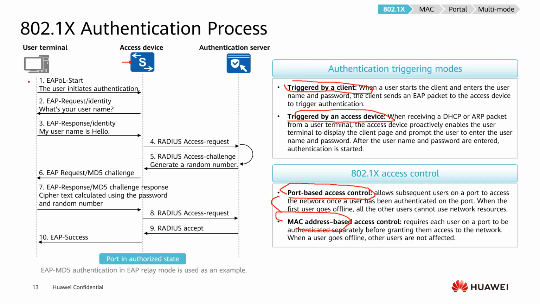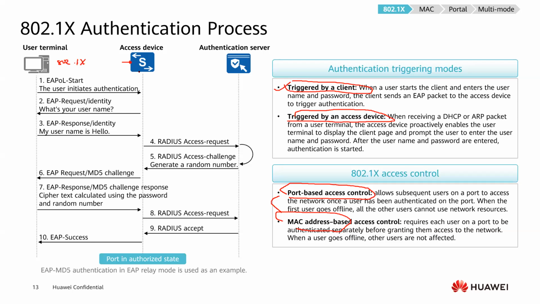First, when the user needs to access a specific network, the user will start the 802.1x client and enter the username and password. This information is contained in the EAPOL-Start packet sent to the access device to trigger the authentication process. In this example, we use the first trigger mode, triggered by the client.